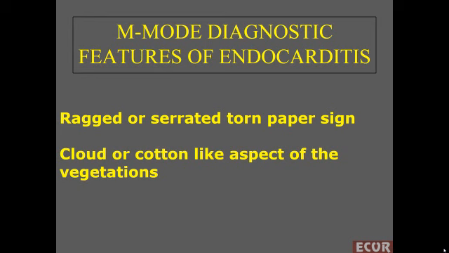The other sign is the possibility to better evaluate the internal structure of the vegetations, the so-called cloud or smudge or cotton-like aspect. These M-mode signs differentiate vegetations from small calcifications, something impossible to do with 2D echo.